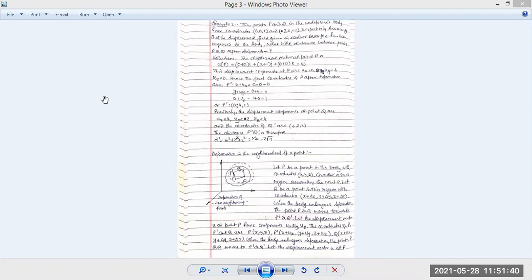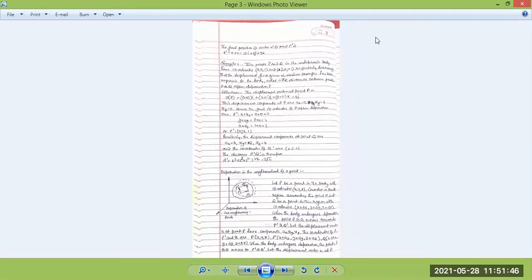So what we are doing, this problem is comparatively difficult. We know the two points P and Q, P's coordinates are given here and Q's coordinates are also given here, and the displacement field was the same as the earlier problem. What we have to do is calculate the distance between the points P and Q. That is our job.